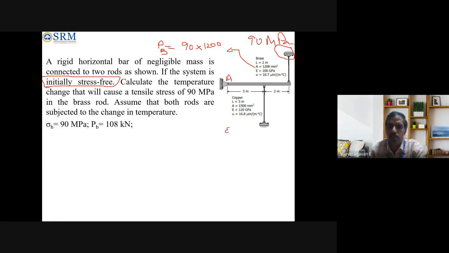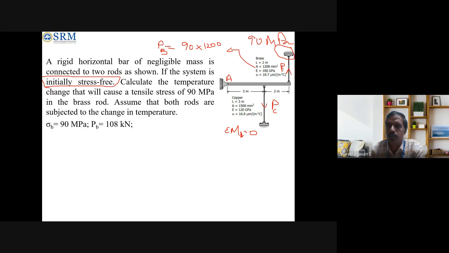The equilibrium condition is that the sum of moments about point A should be 0. There are two forces. Here the force is going to act upwards, and here the force is going to act downwards. So this is the force in brass, and this is the force in copper.